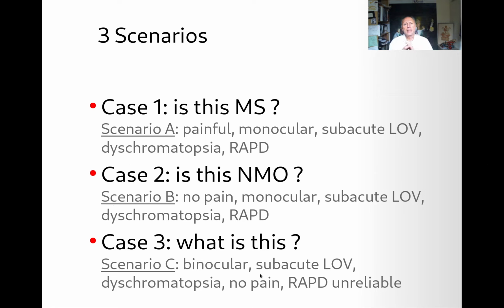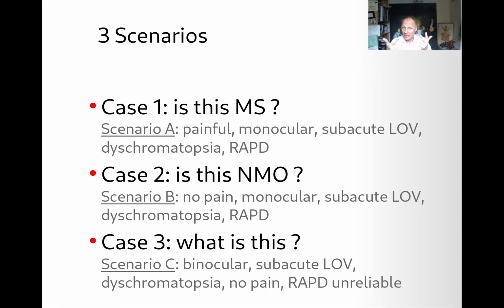To summarize the 3 cases, what might have gone through your mind while I presented them is, the first case, could that be multiple sclerosis? The second one, is it neuritis optica? And the third one, what could it have been? What I really want you to think of when completing the survey is scenario A, the first case, subacute, monocular, pain on eye movements.